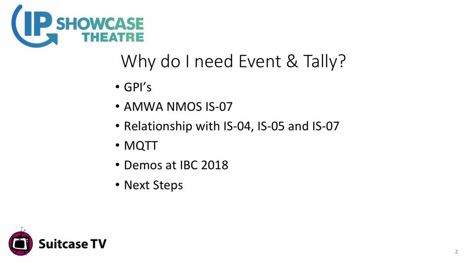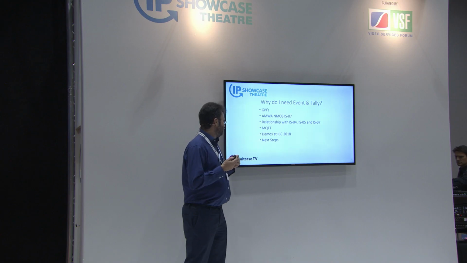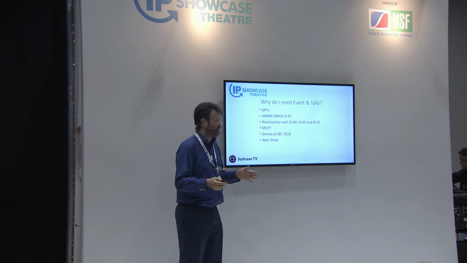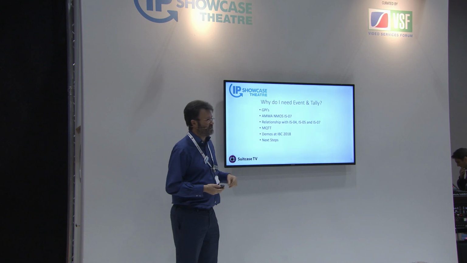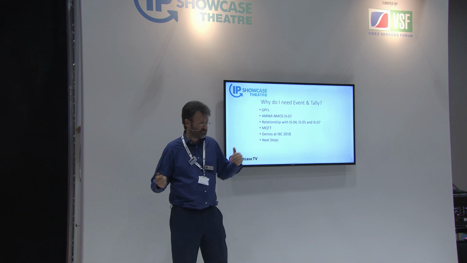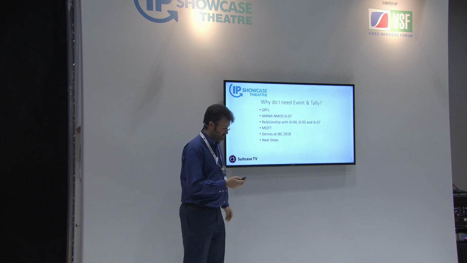MQTT is the primary method of pushing this around, and I'll cover why MQTT later, but the possibility exists to handle other transports, and we think of that layer as a transport. And then finally, I'm going to show you where some of the demos are at IBC of this, because they're not in this room, and the next steps we're getting to.